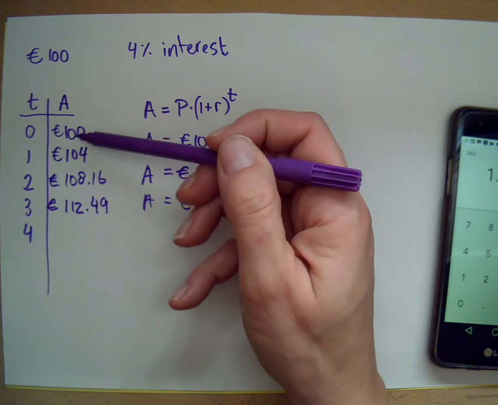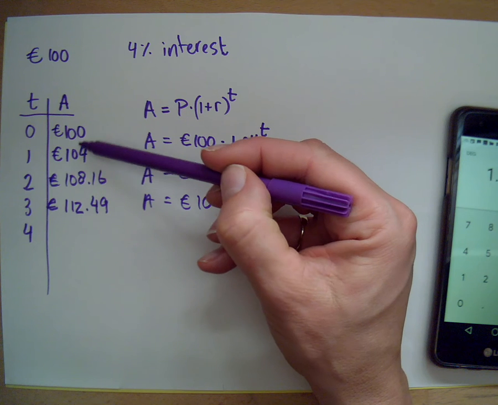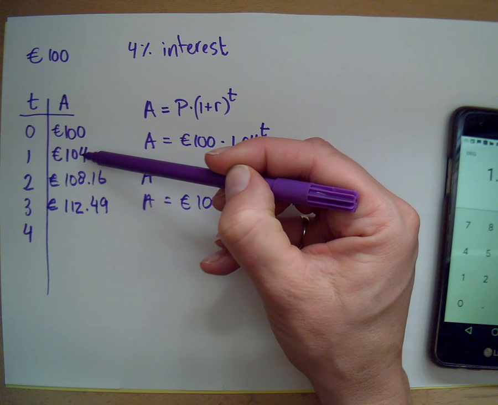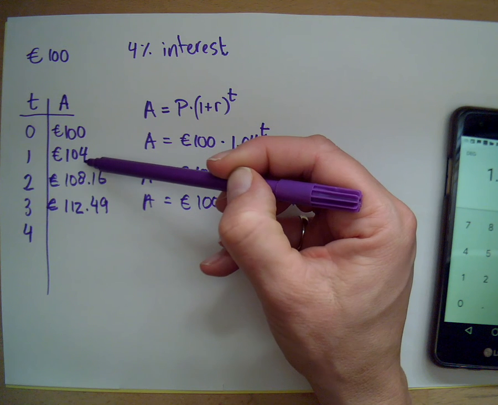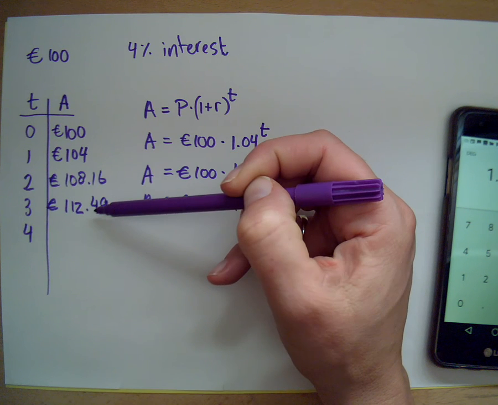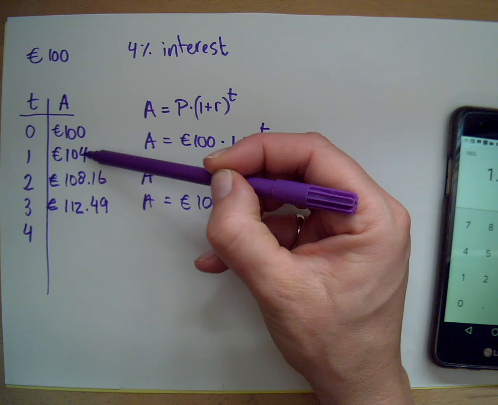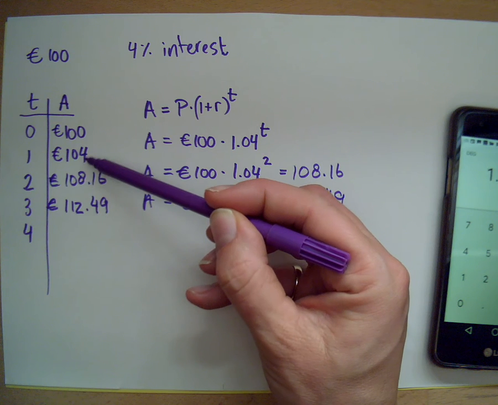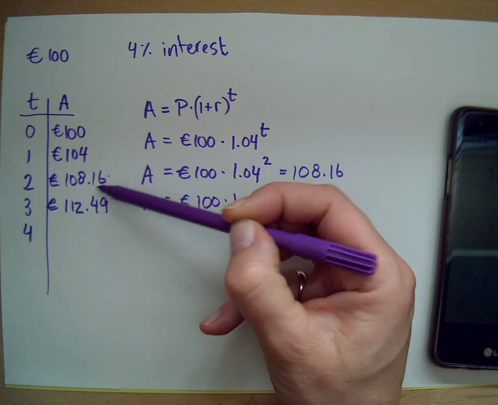year by year. It's not doubling, but it's adding 4% each year, and the increase is higher each year because it's exponential. Here we gained 4 euros. Here from year 1 to 2 we gained a little more than 4 euros.